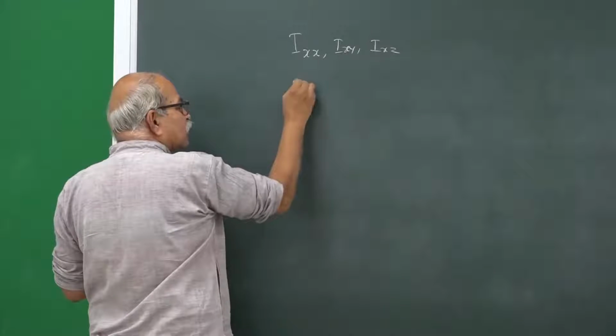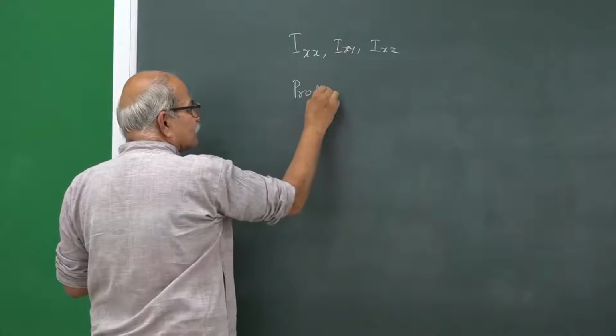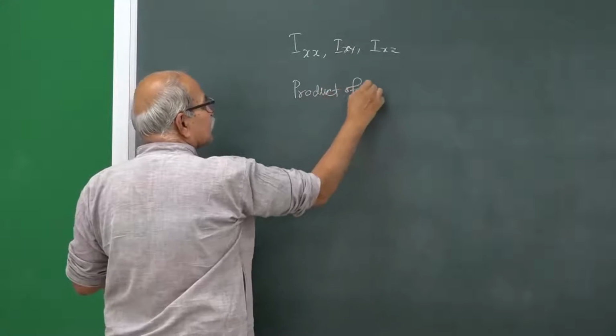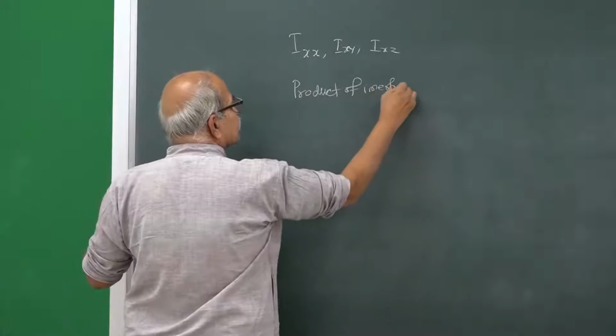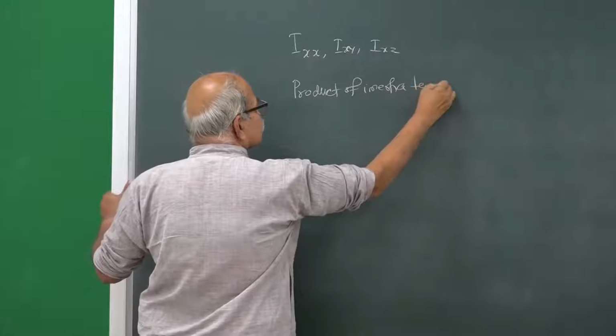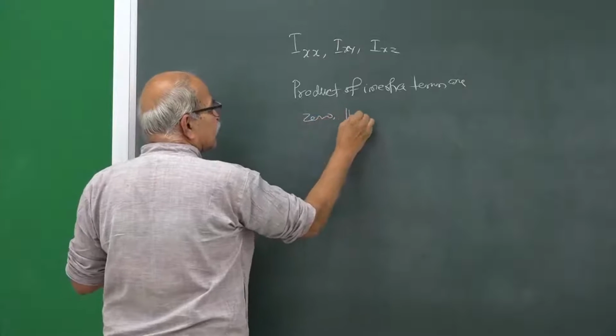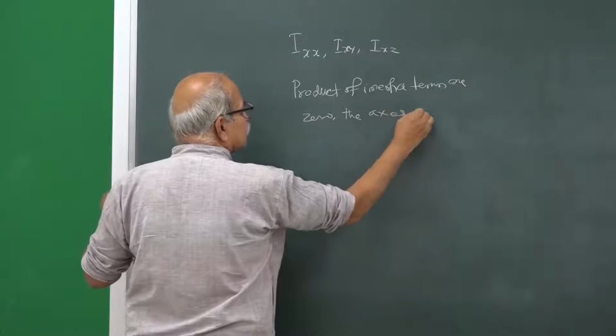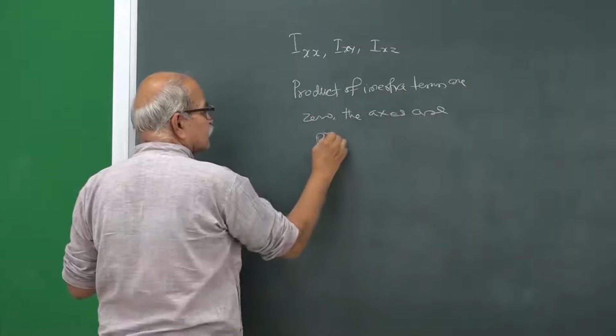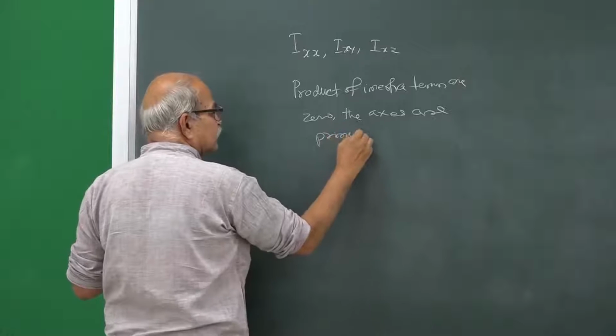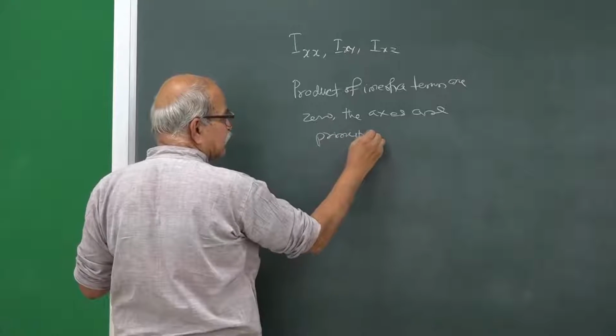So, if all these product of inertia terms are 0, the axes are principal axes. So, that is kind of a definition of principal axis.